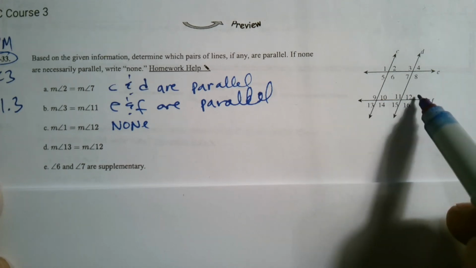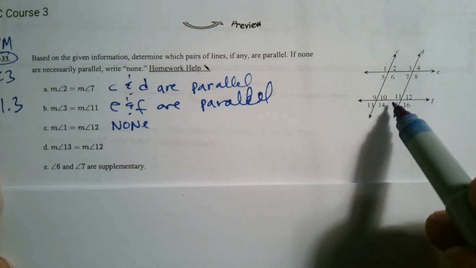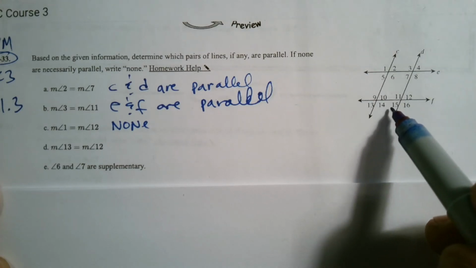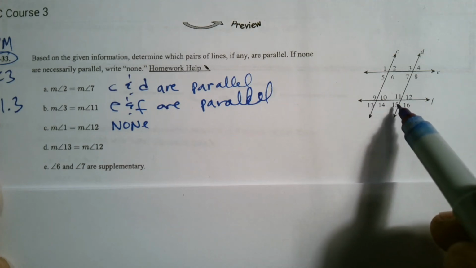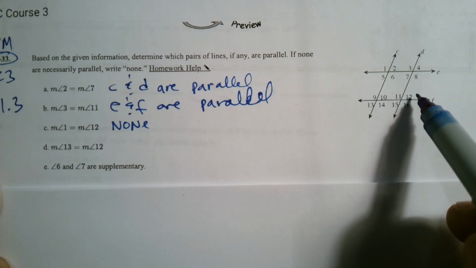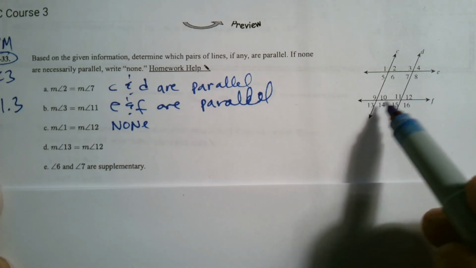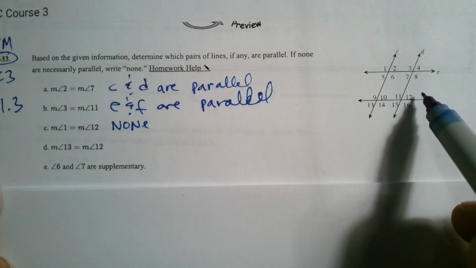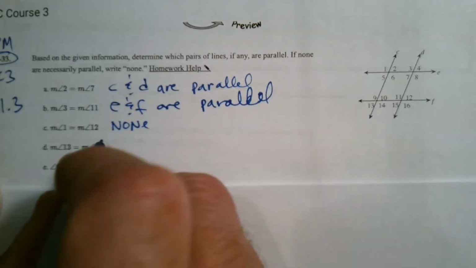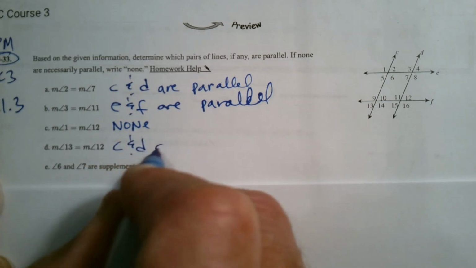Why are they equal? 12 and 15 are equal because they're vertical angles, and 13 and 15 are equal because they're corresponding angles. So 13 and 12 are alternate exterior angles, and those are equal. Therefore, that makes D and C parallel. So we would say C and D are parallel.